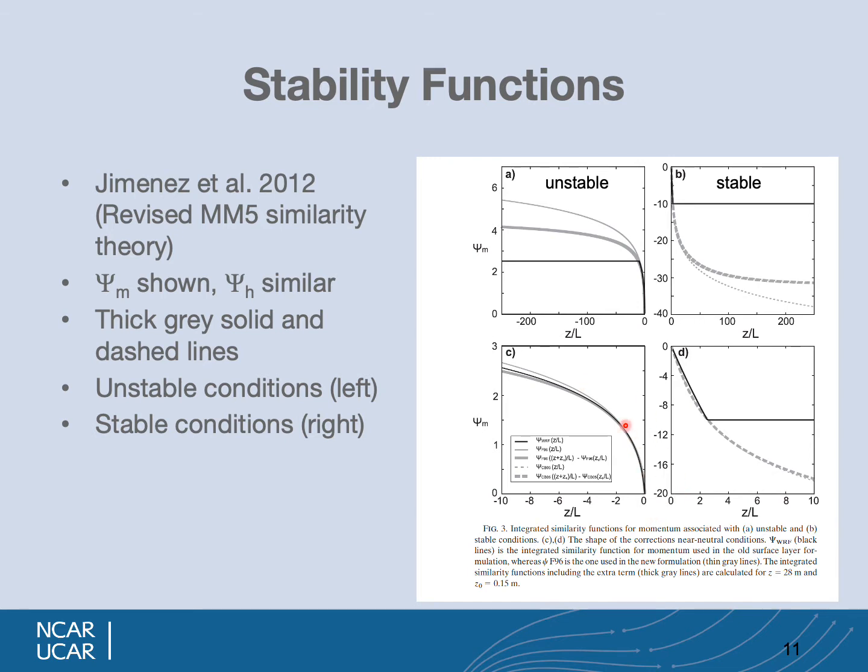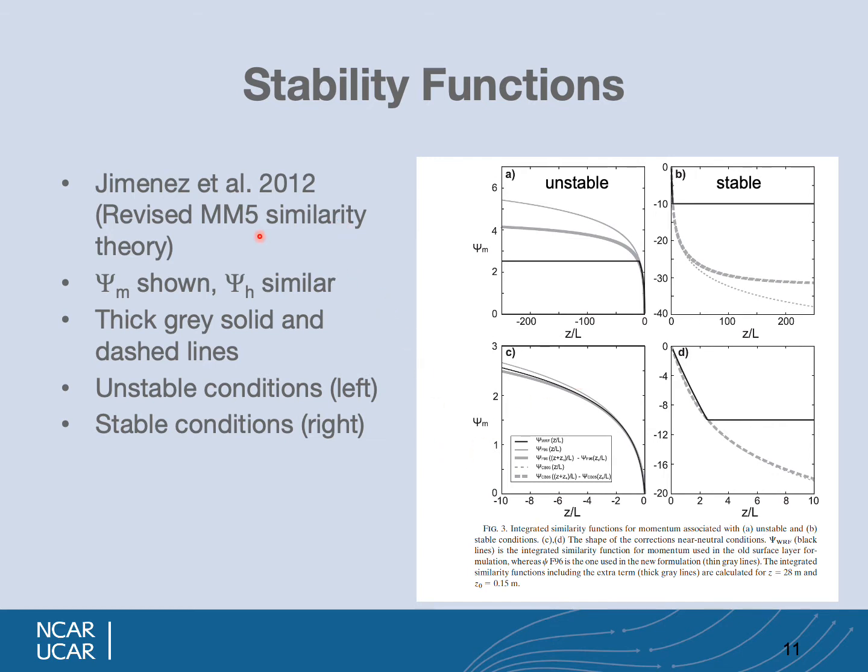But you can see that it basically increases as z over L becomes more negative, and these are unstable conditions when z over L is negative. For stable conditions, z over L is positive, but psi is negative. So in these formulas, the grey line refers to the one we actually use in WRF. So the grey dashed line for the stable and the grey solid line for the unstable.